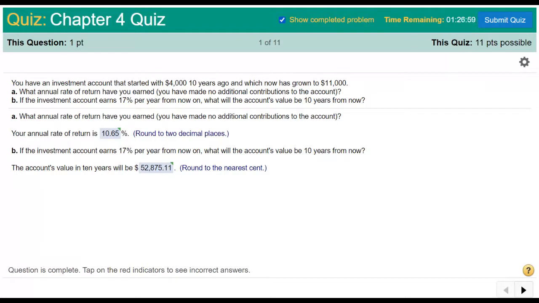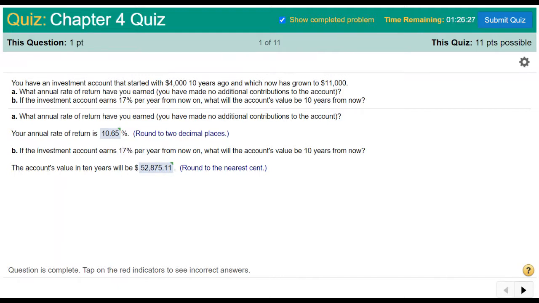Now, another part of it says the investment account earns 17% per year from now on. What will the value be in 10 years? Okay, so now they told us it has grown to 11,000. So that's our starting point, right? And then they give us a different annual rate of return.